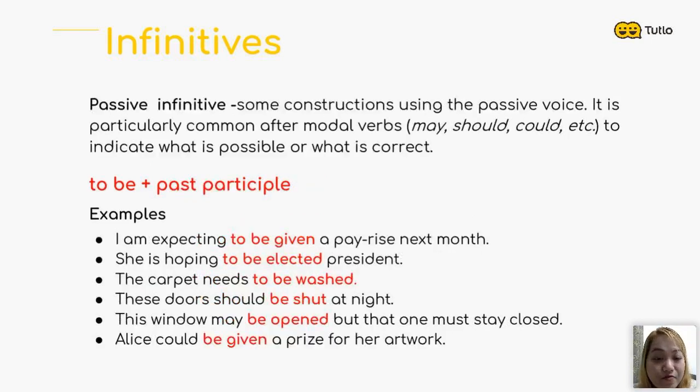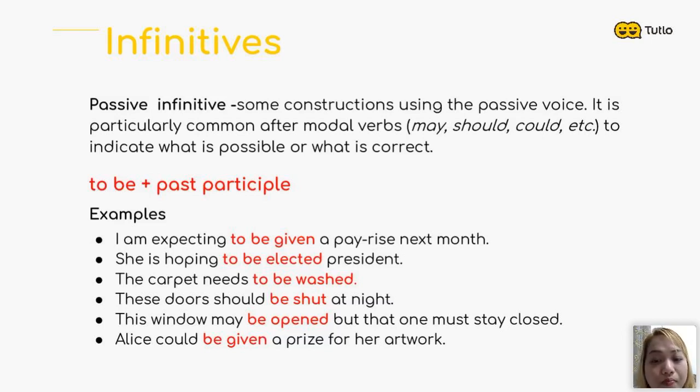Now, I want to share with you as well other forms of infinitives, the passive infinitive. With the passive infinitive, some constructions using the passive voice are particularly common after the modal verb to indicate what is possible or what is correct. Example, as you can see here: I am expecting to be given a pay rise next month.